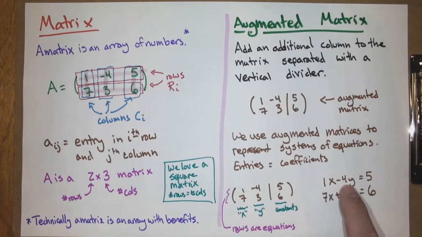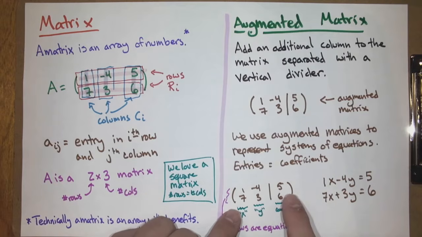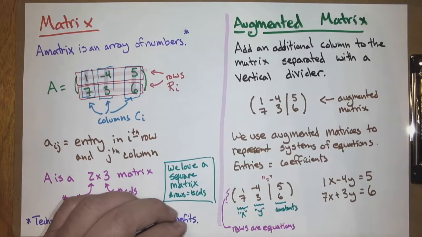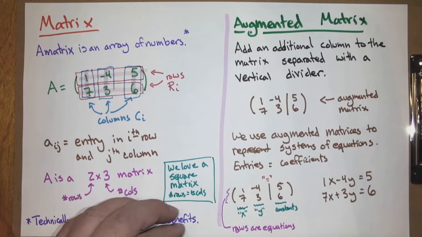You'll see we have this dividing line. We'll think of this line as the equals line. So the 5, 6 goes into the column 5, 6. The coefficients of x become one of our columns, 1, 7. The coefficients of y become another column, negative 4, 3.